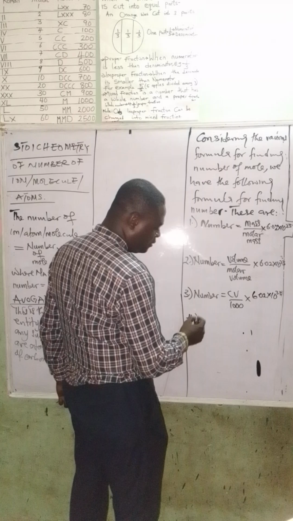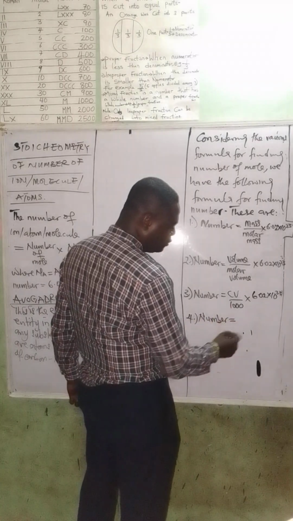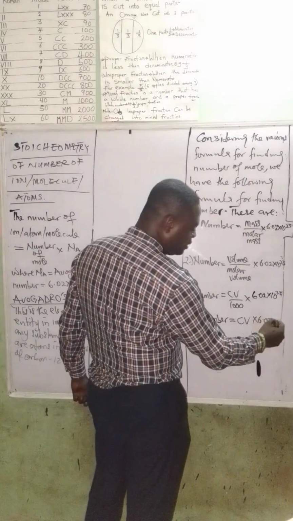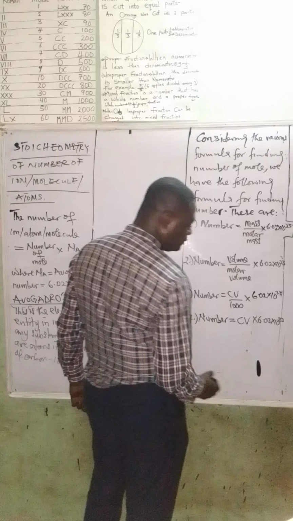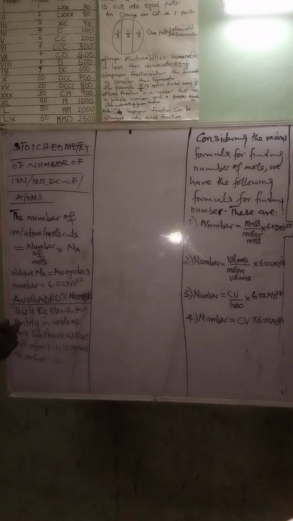Then number 4: number is equal to ordinary CV times 6.02 times 10 to the power 23. All of these are the various formulas for calculating number of ions, number of molecules, number of particles.